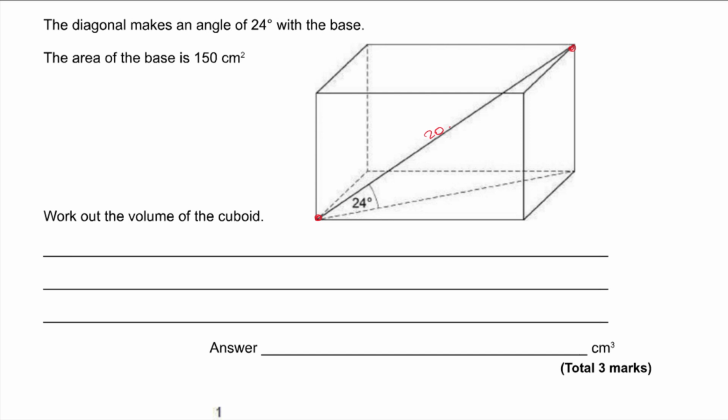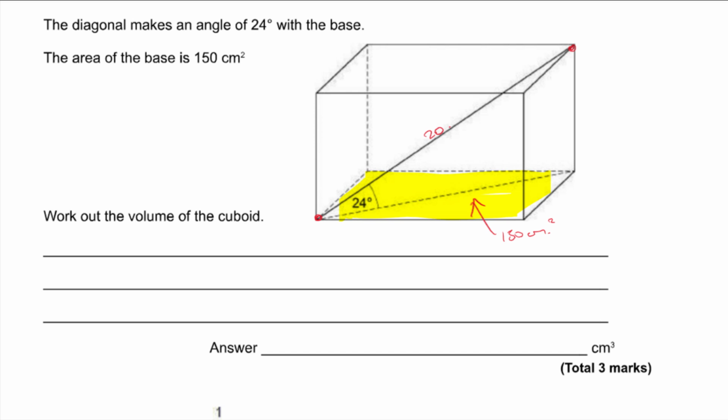Okay, so let's just add that in. So the area of that is 150 centimeters squared. Work out the volume. Okay, now to work out the volume of a cuboid, you need length times width times height.